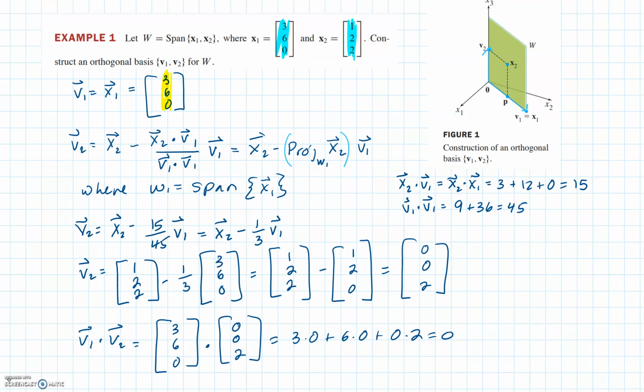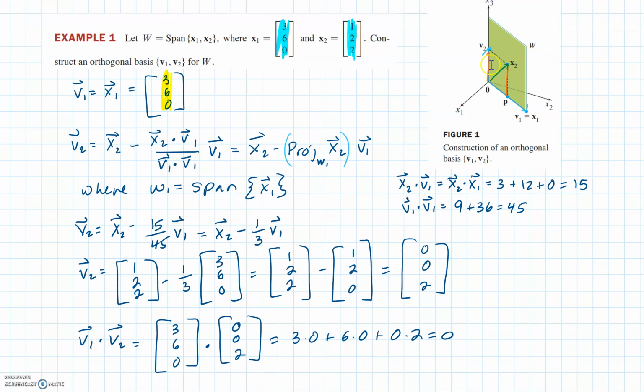Here in green is x2, and we want to project that onto V1, which is (3, 6, 0). You get this dotted line in orange, which is the same as what V2 is, right? Or you can subtract that again, and you get this distance, putting that at the origin. So in orange there is V2.